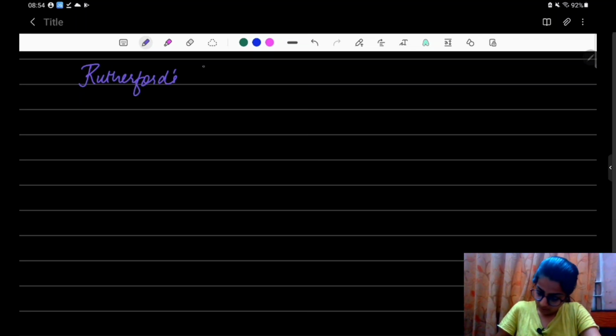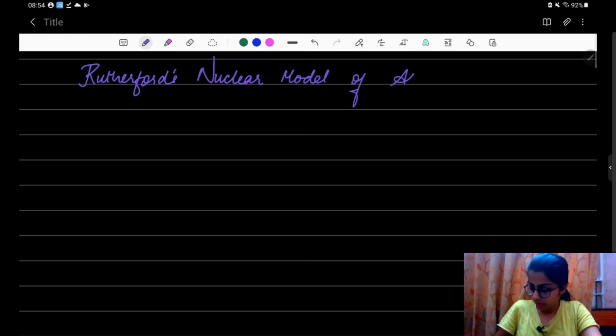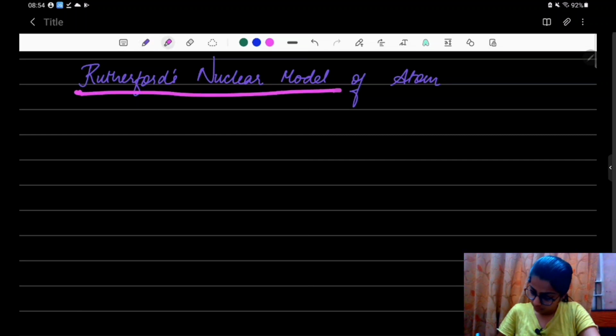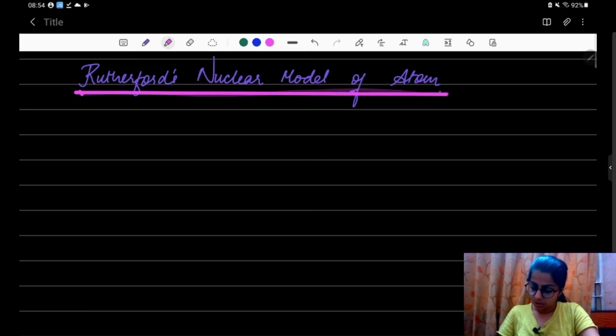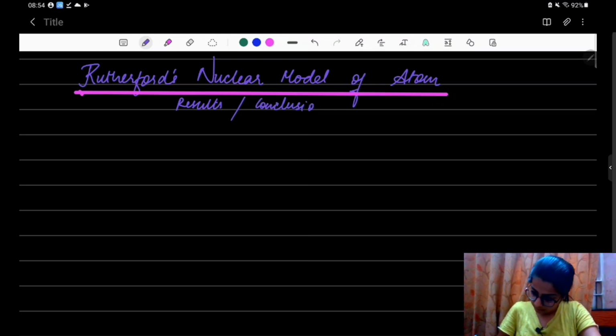Rutherford's nuclear model of atom, which is nothing but the results or conclusions from the experiment.